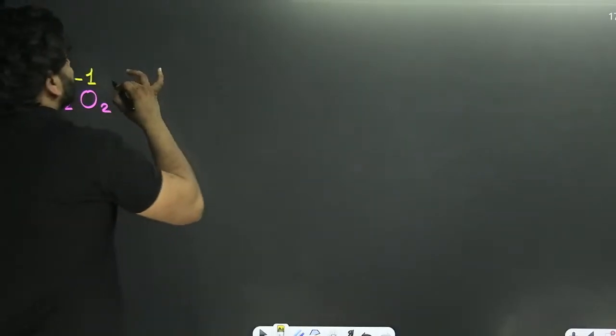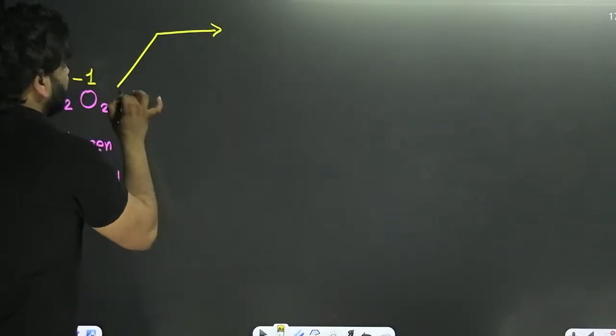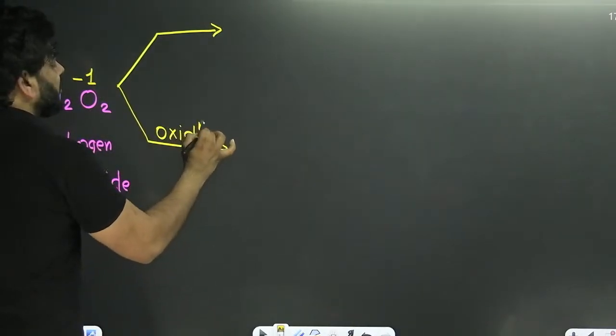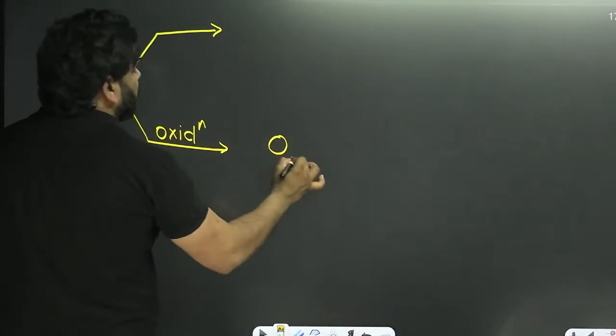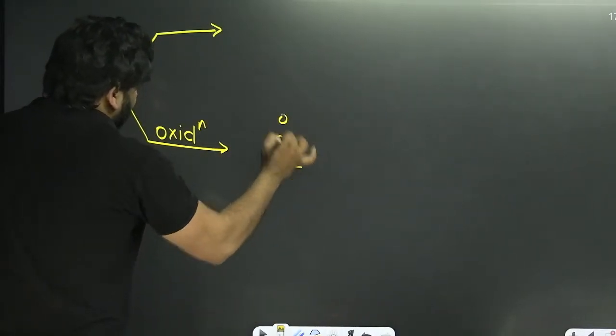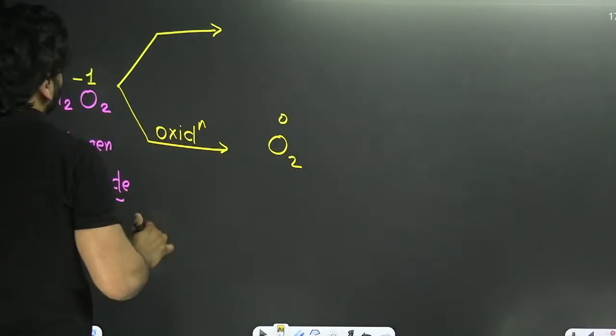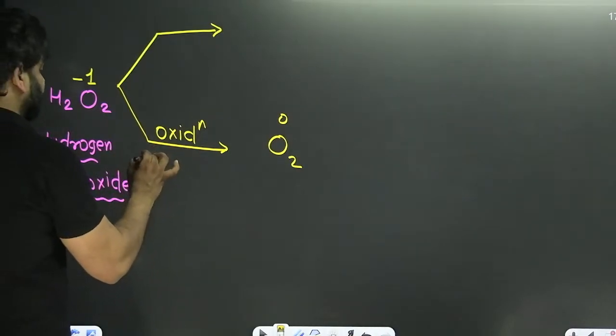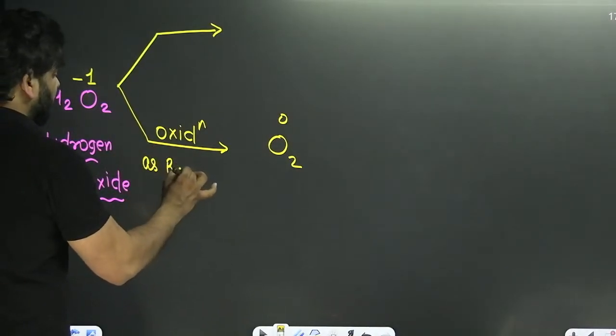Now this -1 can go to either oxidation state from here. Let us suppose this is undergoing oxidation. In oxidation, oxygen leads to the formation of O2, and O2 has an oxidation state of 0, so -1 to 0. So here H2O2 is working as a reducing agent.